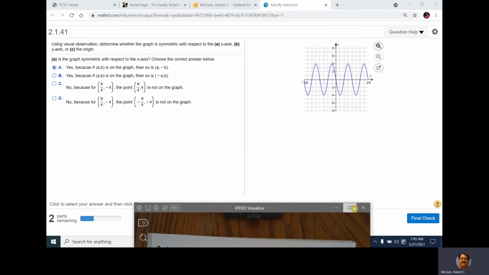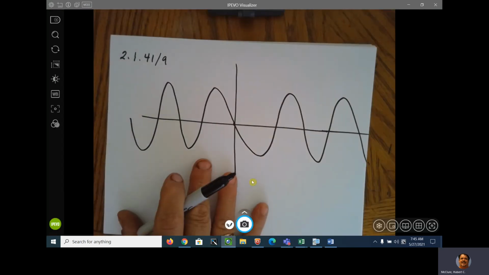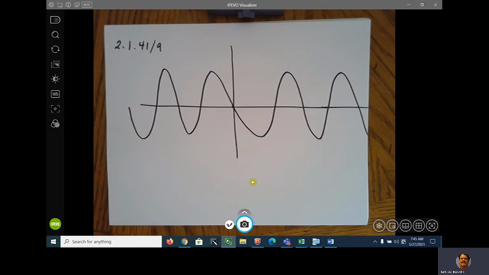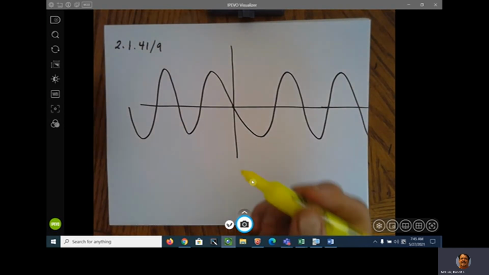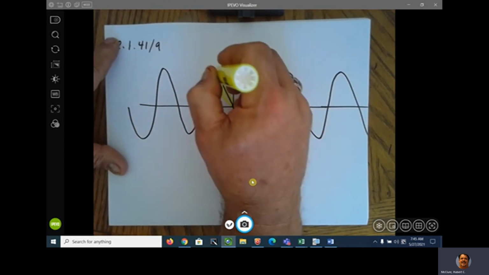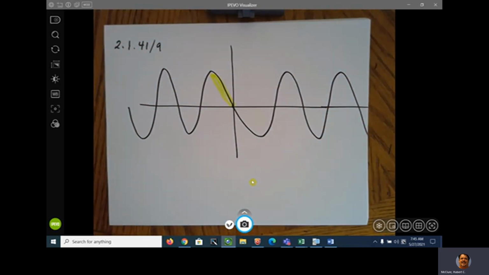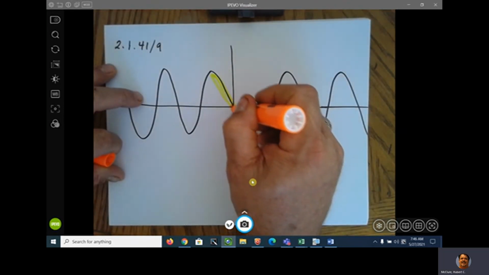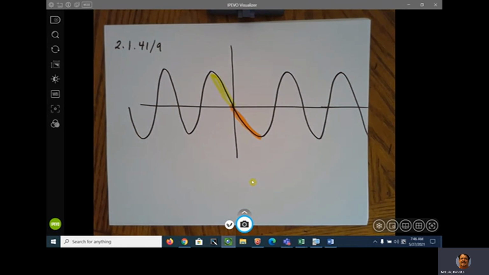Basically, I already see it's symmetrical around the origin right here. See? Mirror image. That mirror image starts at the origin. So I already know it's symmetrical at the origin.